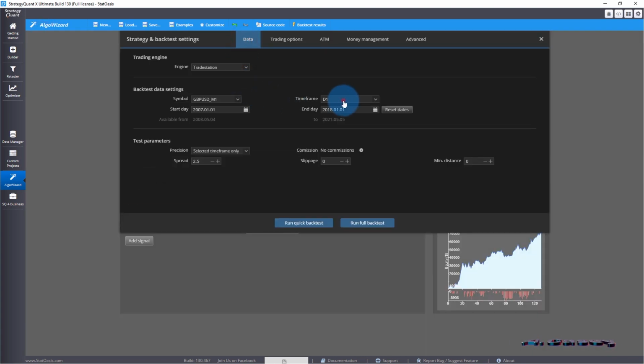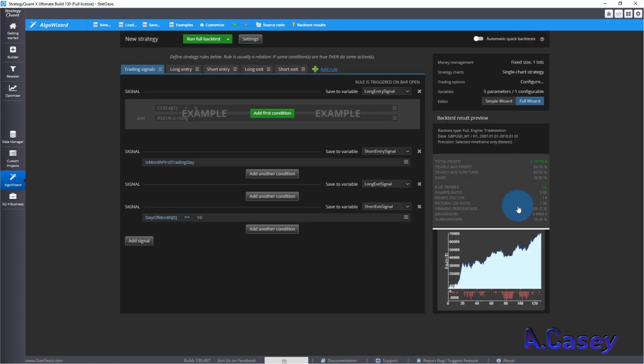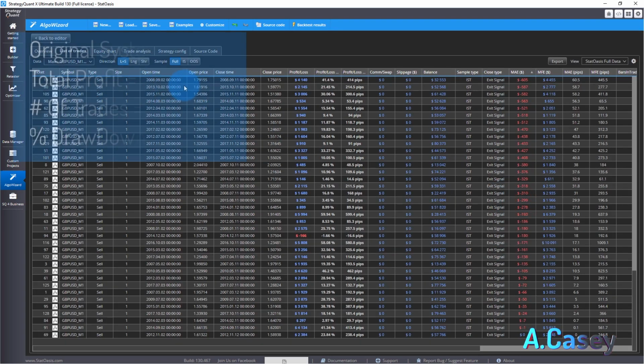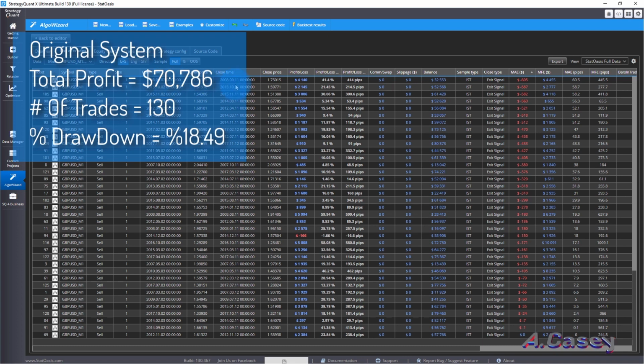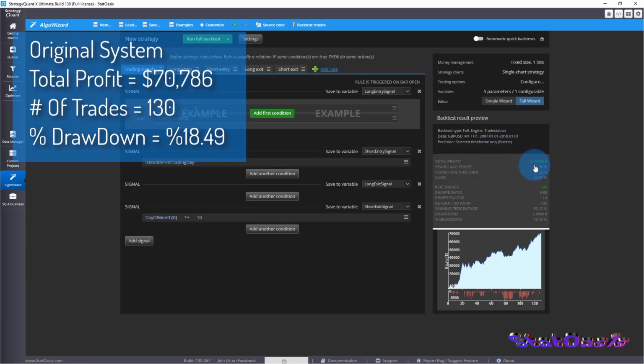So we can switch to hourly. Of course you can switch to 1 minute, but I'm making it faster. So I'm going to switch to hourly. And now we should gain that 1 day extra. So right now, see, we're entering always on the second day and exiting on the 11th. Before it was 70,000 and 18% drawdown.